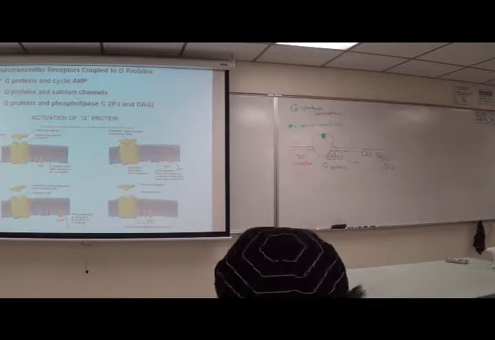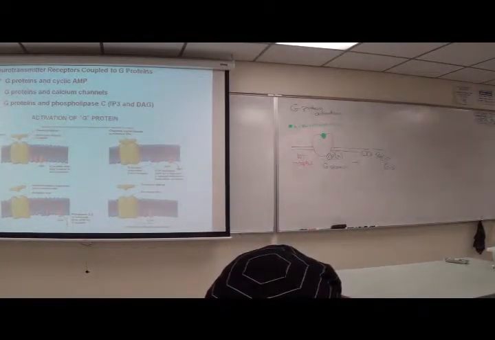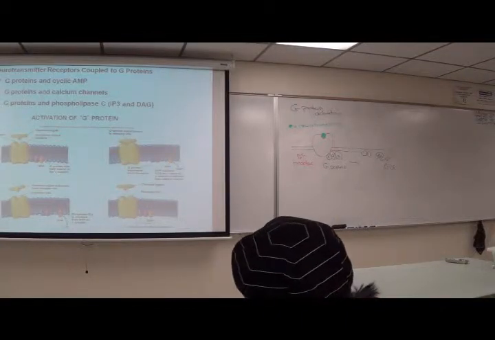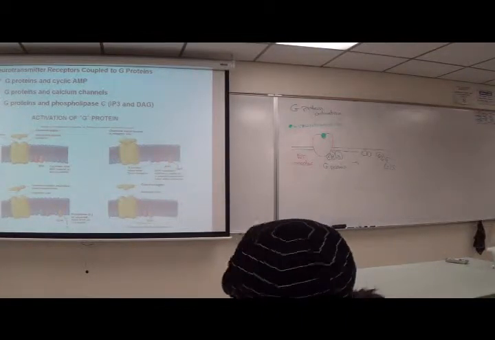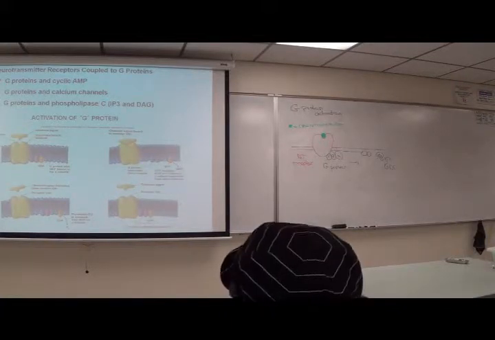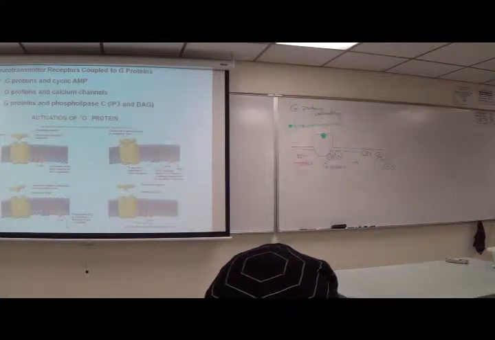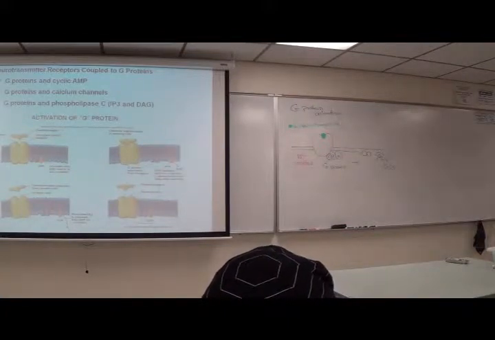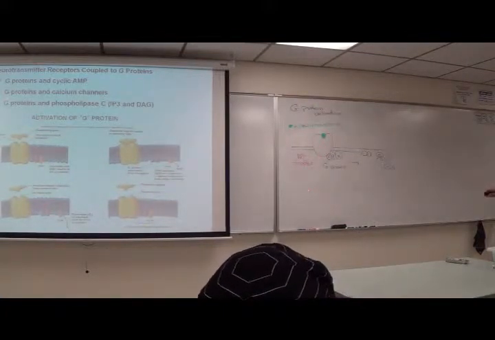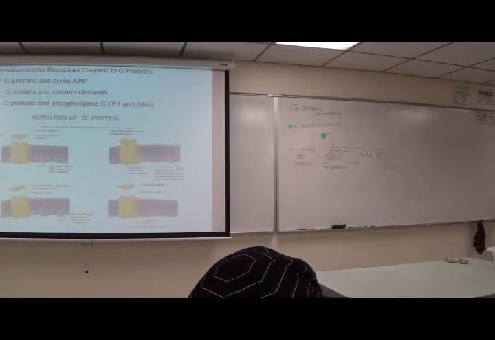Here are three different things by which the active G protein can act. Two of them involve the formation of a second messenger. So, to illustrate what I mean by a second messenger, notice the neurotransmitter doesn't go inside the cell. It stays bound to its receptor.